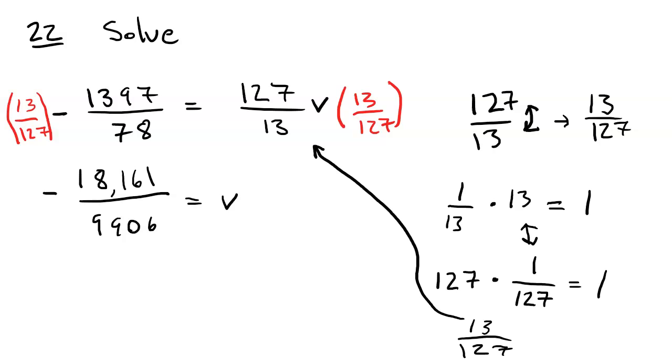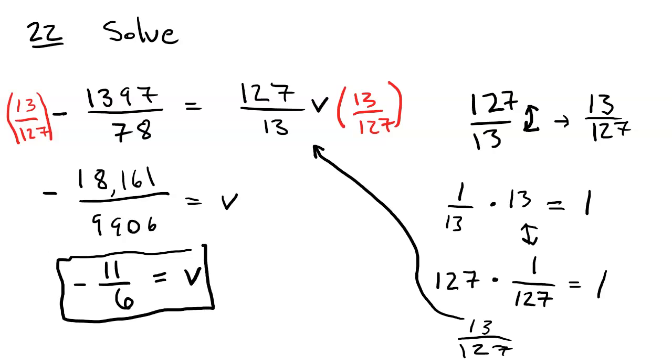So go ahead and try to type this into your calculator and see if you get the same simplification I do. When I put it into my calculator, I get negative 11 over 6 is equal to phi. If you don't get this or don't know how to put a fraction into your calculator, I can show you in class. But if you got this, that's perfect.